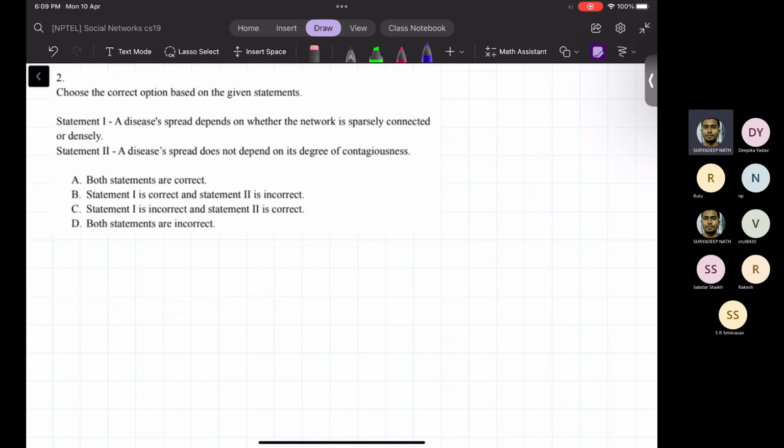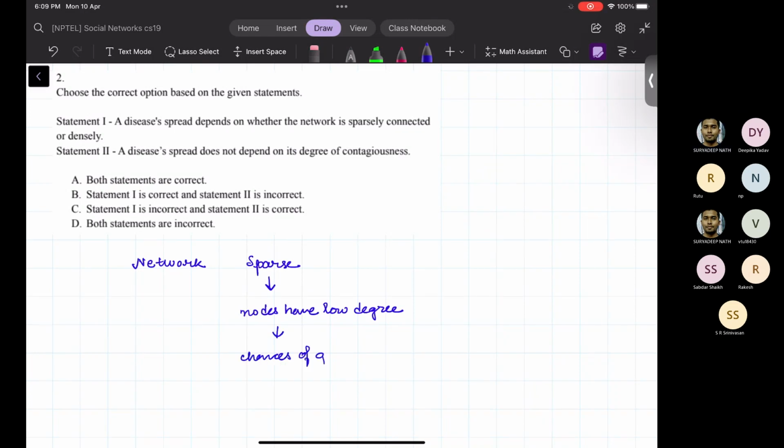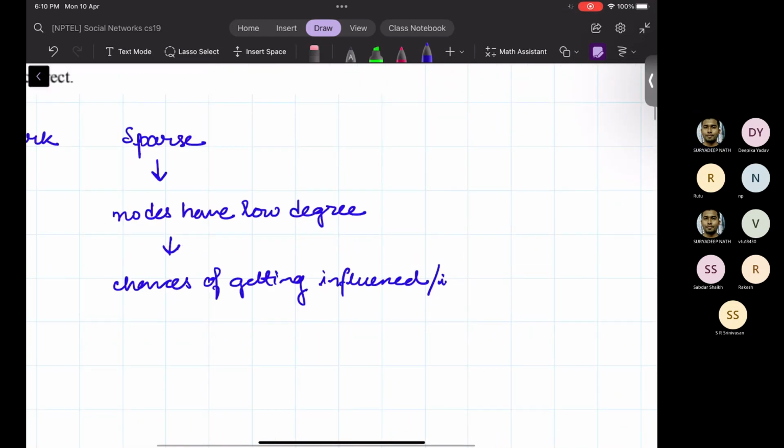Coming to statement one, if a network is sparsely connected, it means nodes have low degree, connected to very few neighbors, which means the chances of getting influenced or infected is very less.